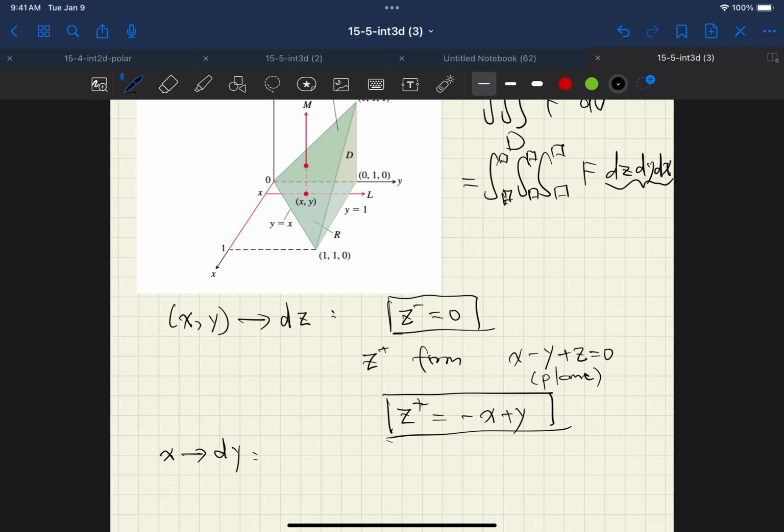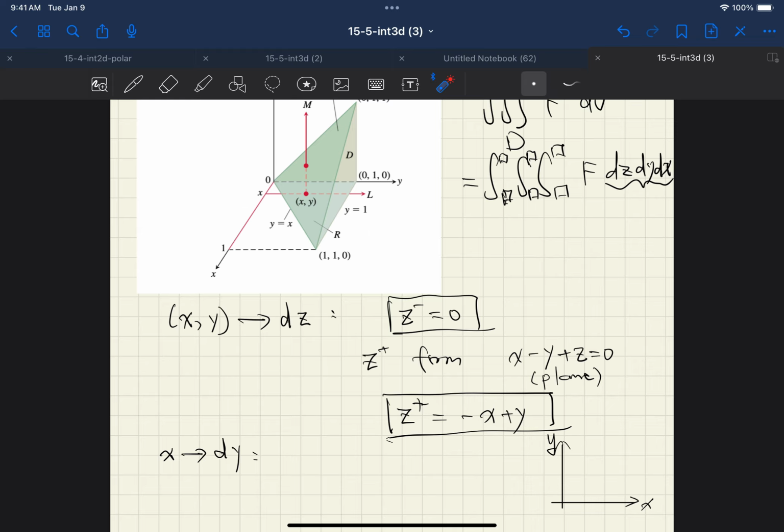So we take out the picture of the xy plane from this original 3D picture. This is much better.